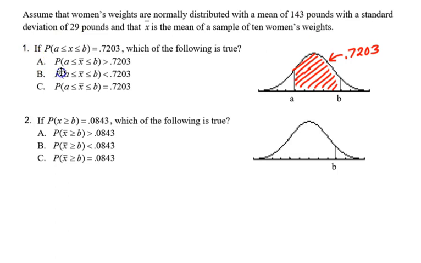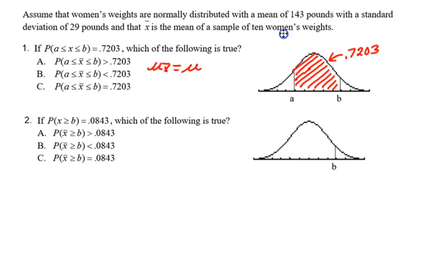The probability that X bar, the mean of 10 weights, is between A and B is either greater than 0.7203, less than 0.7203, or equal to 0.7203. Well, let's think about what the distribution of X bar would look like. We know that it would be centered at 143 because mu of X bar equals mu.